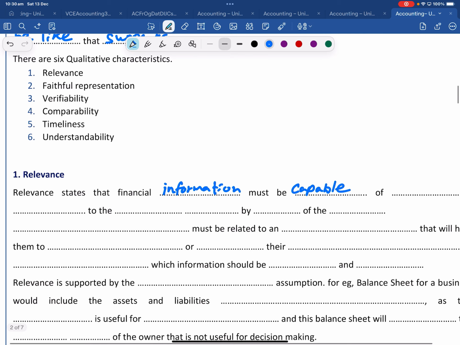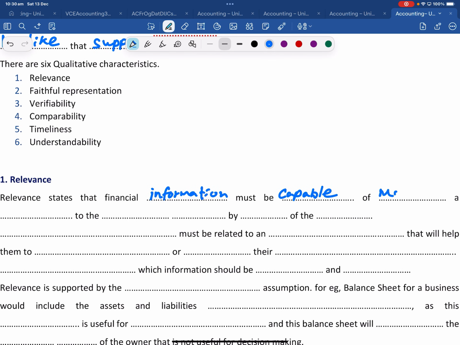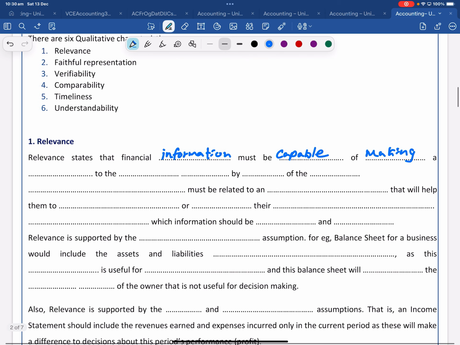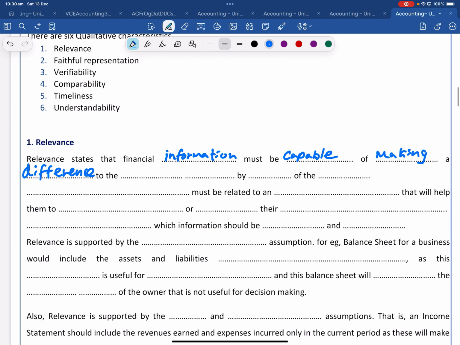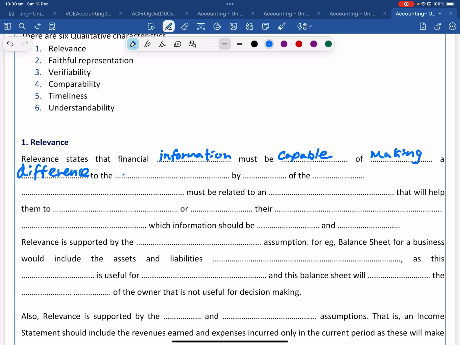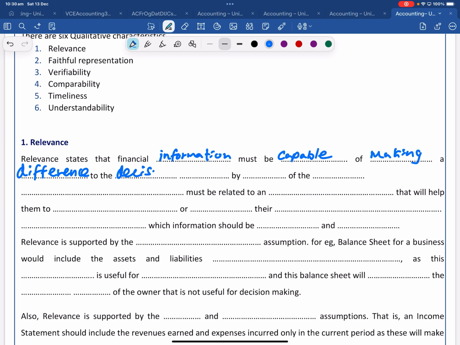Relevance states that the financial information must be capable of making a difference to the decisions made by users of the reports.